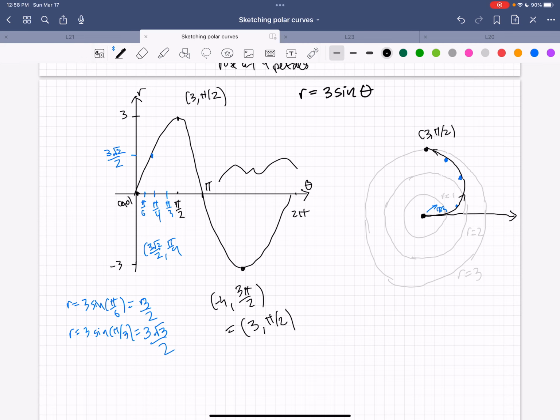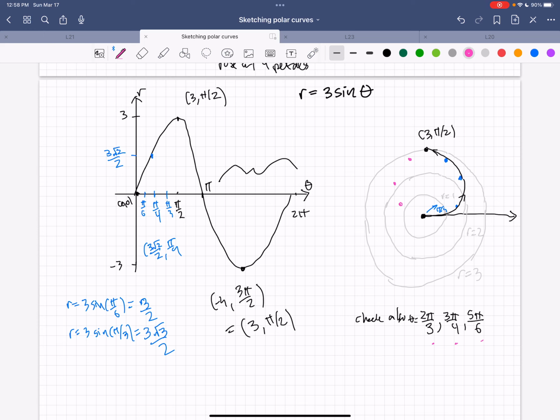And then if we looked at more of the angles between pi over 2 and pi, so let's say theta is equal to 2 pi over 3, we could look at 3 pi over 4 and 5 pi over 6 to get these points. It'll look like this. We've got a symmetry here even.